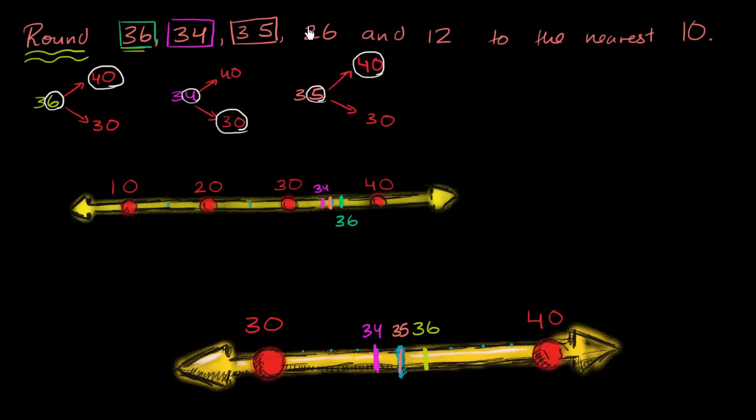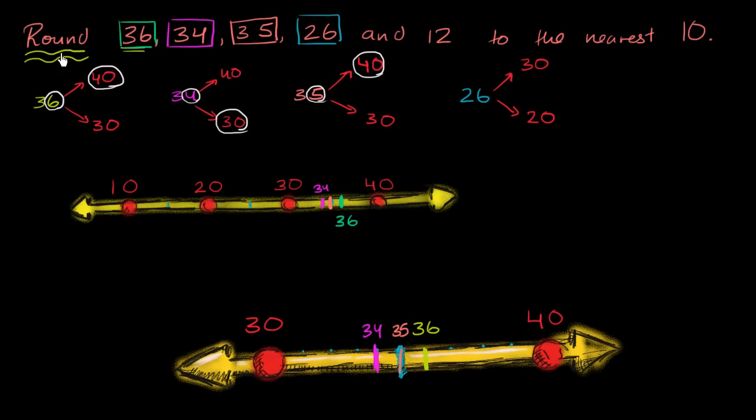Let's see what happens with 26. What are the two options? What is the multiple of 10 above 26, and what is the multiple of 10 below 26? Well, the multiple of 10 above 26 is 30, and the multiple of 10 below 26 is 20. So if we round up, we go to 30. If we round down, we go to 20.